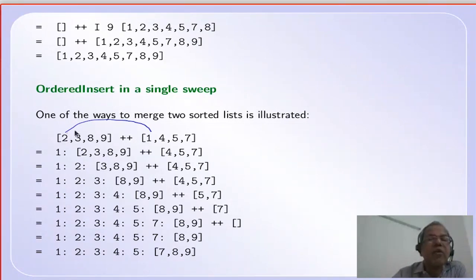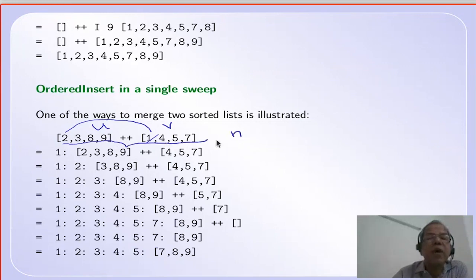You compare the head of U, suppose this is U, and this is V. Compare the head of U with the head of V. Whichever is smaller will be the head of the new list. And then you remove this. Now the problem becomes merging 2, 3, 8, 9 with 4, 5, 7. So we have reduced the size of the problem.